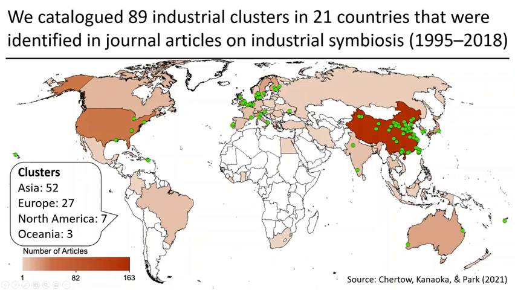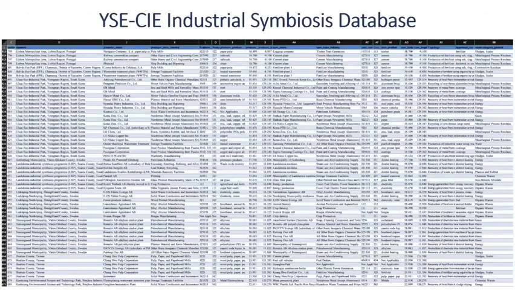But how interesting it is to be able to know what these clusters are made out of and which companies exchange which materials with whom. And this is the database that we've been able to create from cataloging these 89 clusters. And it's been very useful for us to have our own data, to share it with a lot of other scholars. And now we're looking at a whole other partnership.